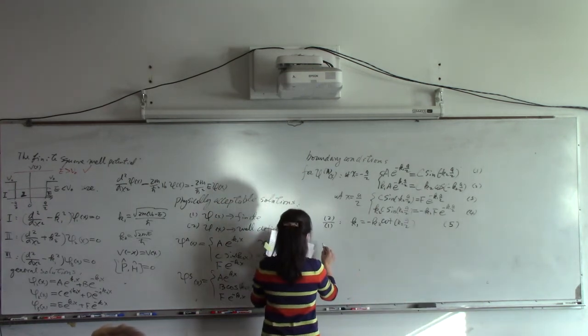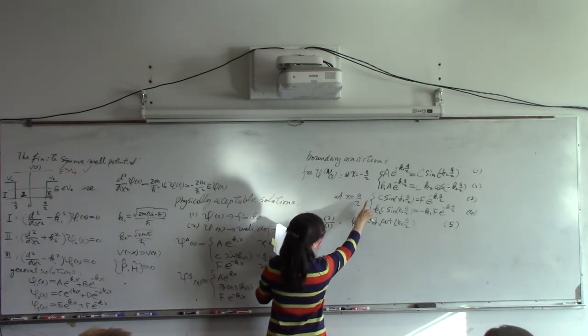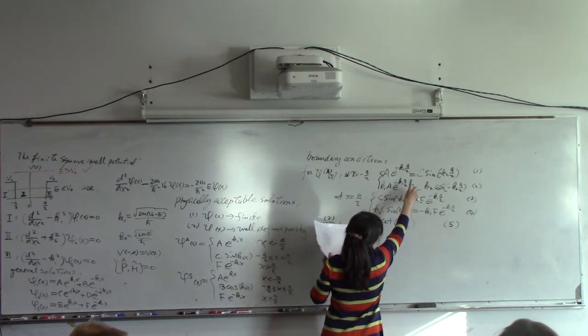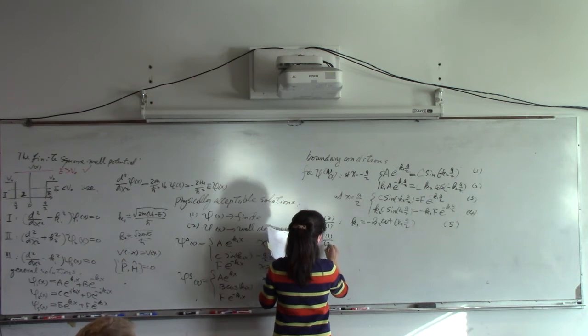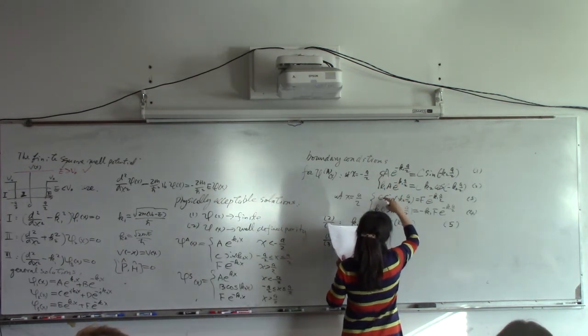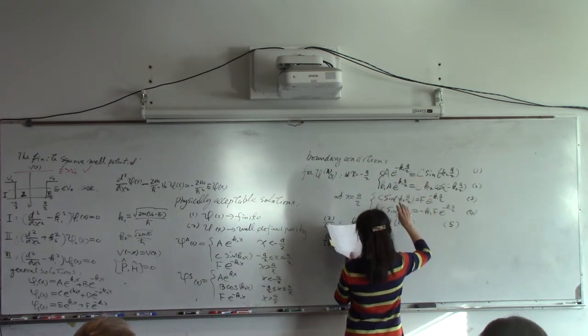And then we can also do 3 and 1. 1 and 3, so we have A and C. So C cancels on both sides, right? So 1, 2, 3, this divided by this, and this one divided by this.